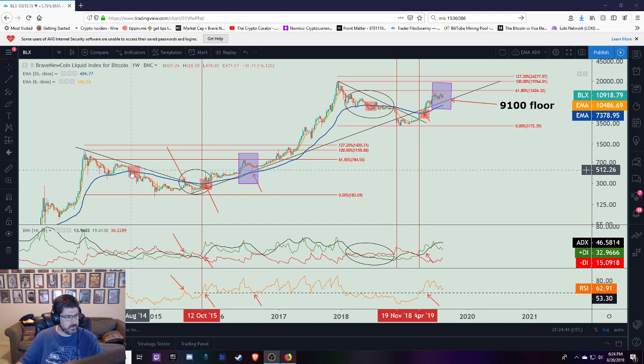When the 8 crosses down through that, at this little red square, the 55 becomes resistance. It tested there again, and it wasn't until this red point, when the orange 8 crossed up through it, that the 55 exponential moving average became support. The 8 stays above it the rest of the way.